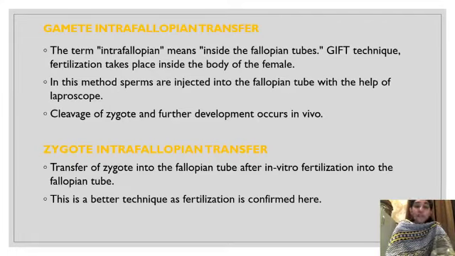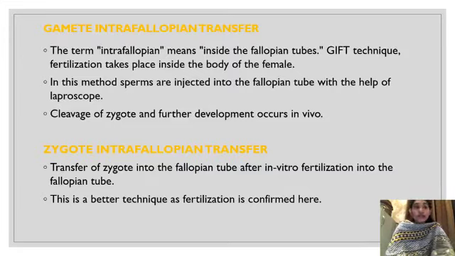The sperm will be injected into the fallopian tube with the help of a laparoscopy, and then fertilization will take place in the ampullary region of the fallopian tube, and further development will occur in vivo, that means inside the body of the female.